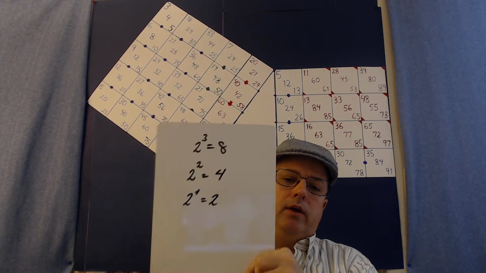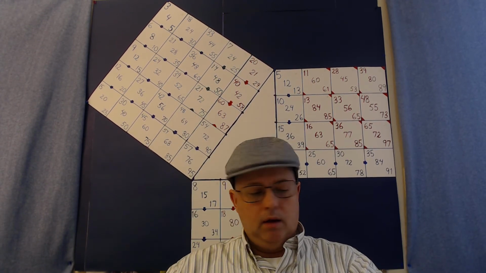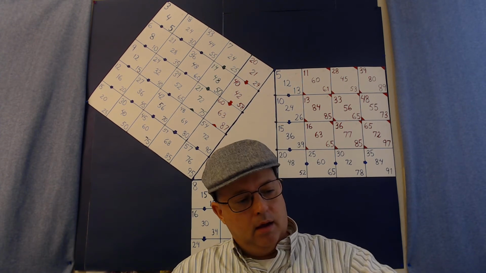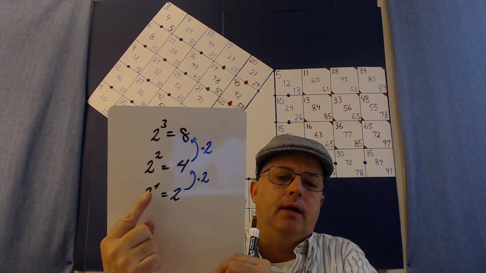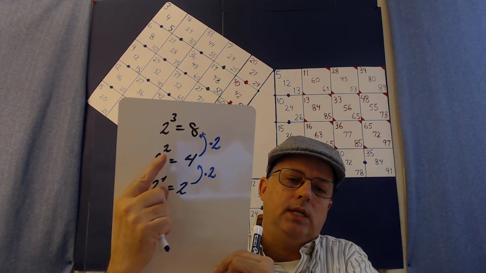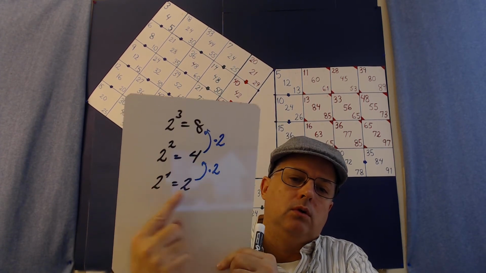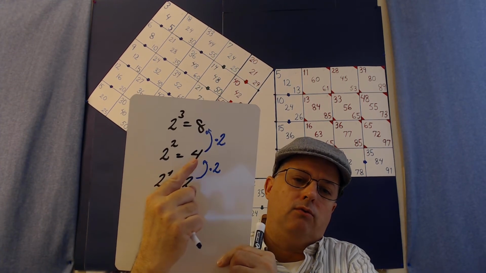As we go up in the powers, we multiply by another 2. 2 to the first is 2, and 2 to the second means we need another 2, so 2 times 2 is 4.